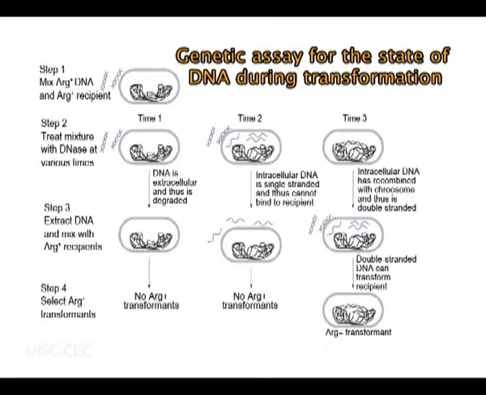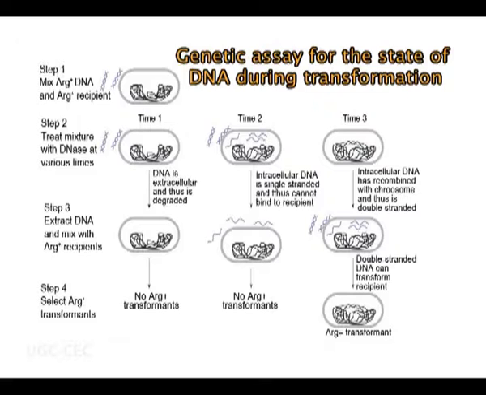They allowed the cell and the DNA to remain in contact for say 1 minute, 2 minutes and 15 minutes. At these time points, the reactions were stopped and the reaction mix containing the cells that had received the DNA was divided into two halves.